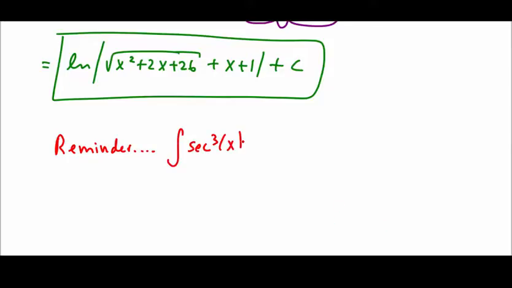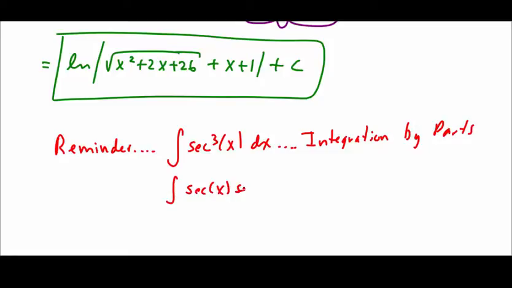where you're trying to integrate secant cubed of x dx, we have looked at this, I believe, back in integration by parts. So I just want to give you a quick heads up on this. What we would do is rewrite this as the secant of x times the secant squared of x dx. And remember, you choose a u and a dv.